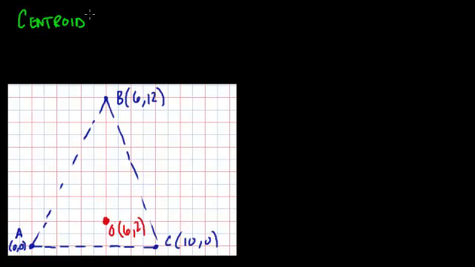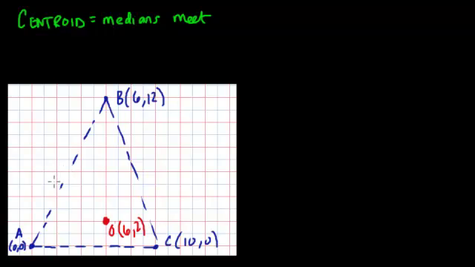Now the centroid is essentially where the medians meet. And this center will be different than the orthocenter, right? That was where the altitudes met. So where do the medians meet? Well, the basic idea of a median is that it goes to the halfway point of a side.